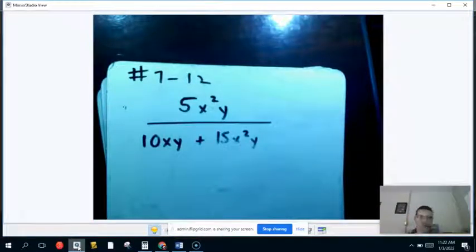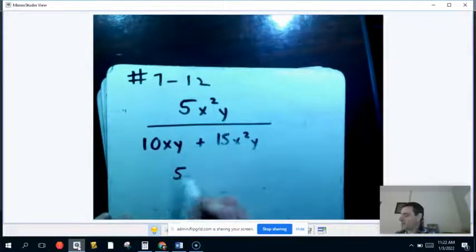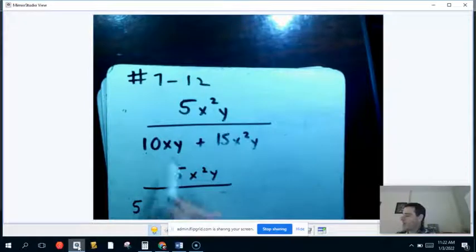All right, 7 through 12, we're trying to factor by finding a GCF. You'll notice that 5 goes into everything here. Specifically, I can just copy the top if I wanted to, and then take a 5 out of the bottom, and also take at least one x and one y away from each term on the bottom.